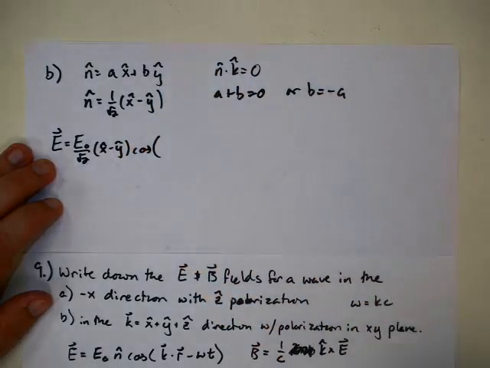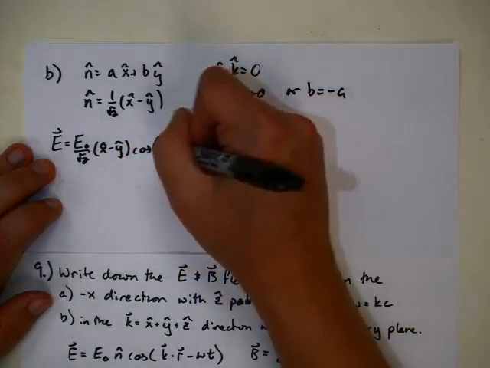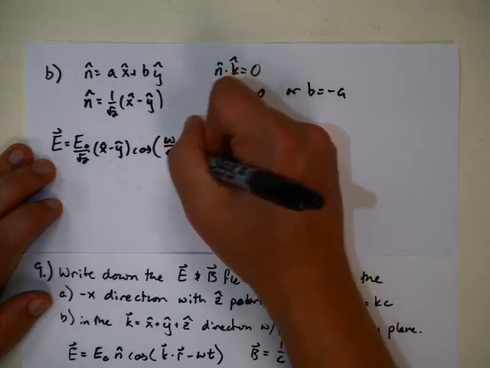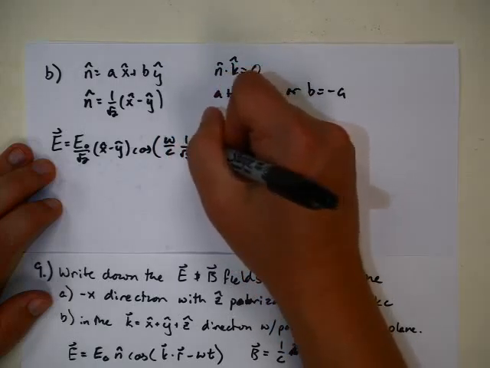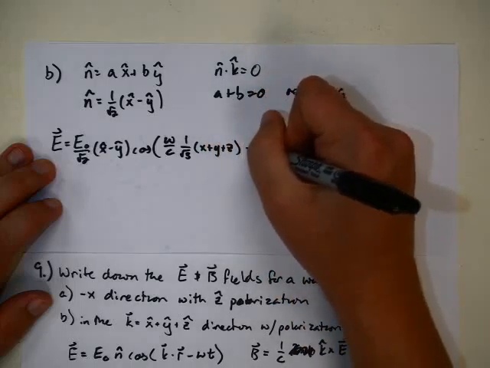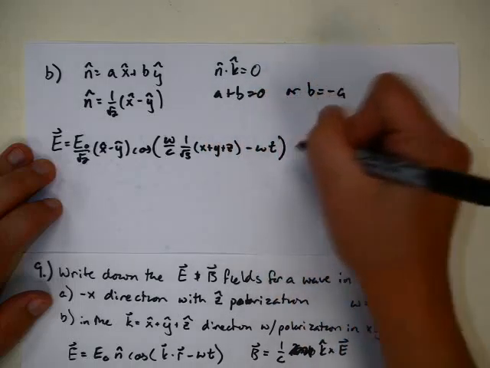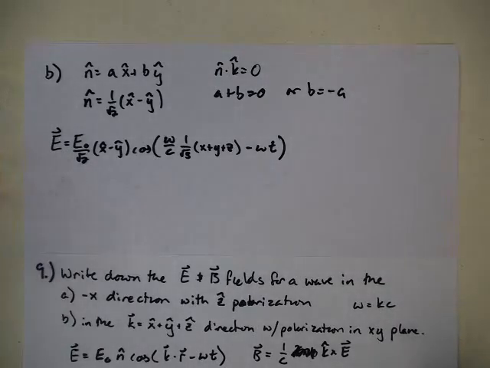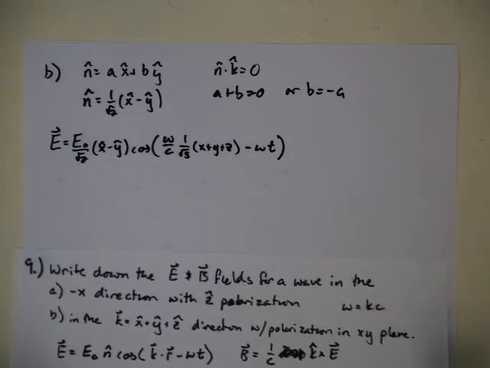And then I want to normalize. I'm still going to have this omega over c. I'm going to normalize this: 1 over root 3 (x plus y plus z) minus omega t. And so that is the E field.